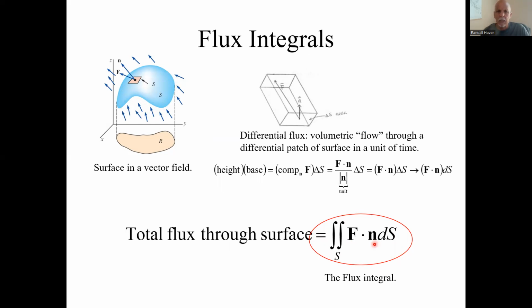This N is the unit vector normal to this surface. dS is the differential piece of surface area. We integrate this over the entire surface. So what's inside the integral is a differential piece of flux, and when you integrate it over the entire surface, you get the total flux. This is the flux integral.